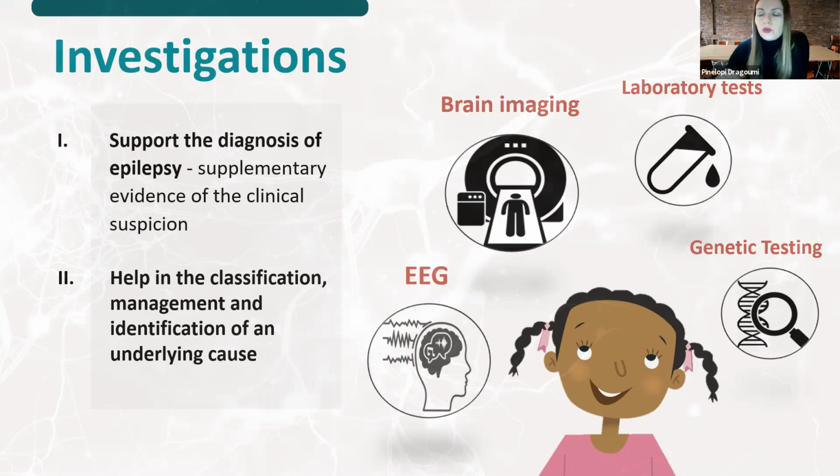And we know that we rely on the EEG as the initial investigation, and brain imaging, but of course laboratory tests are needed sometimes, a blood test and genetic testing.